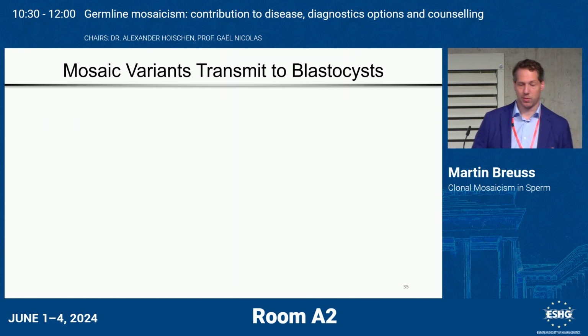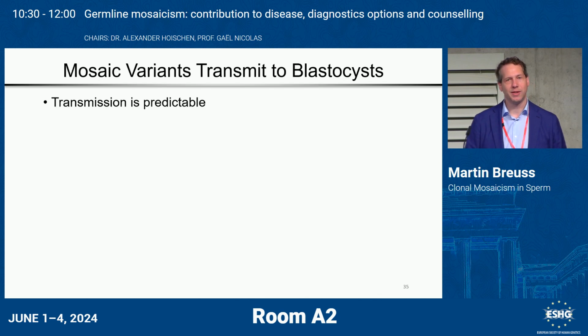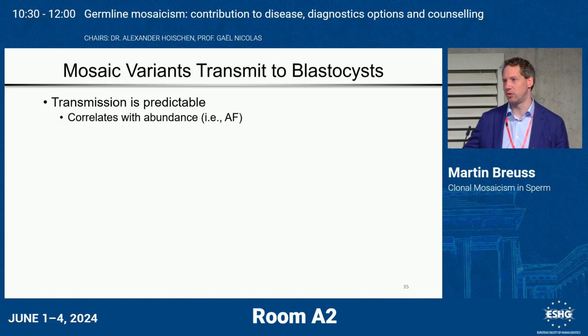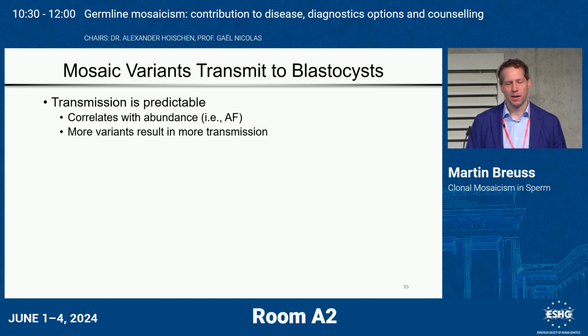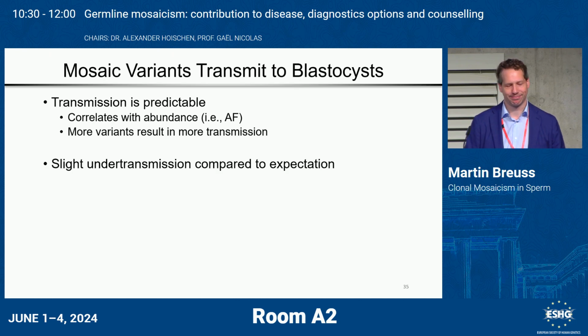I want to summarize what we found on this slide, where we think the transmission is indeed predictable. It correlates with abundance, the allelic fraction. So the more mosaicism you have, the more likely you are to transmit a variant. More variants result in more transmissions. And at this point, you might be wondering, wouldn't you have expected this? And yes, we did, but we were very happy that it still happened the way we predicted it.